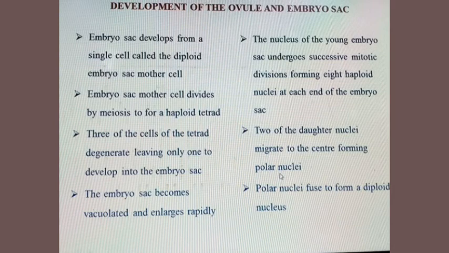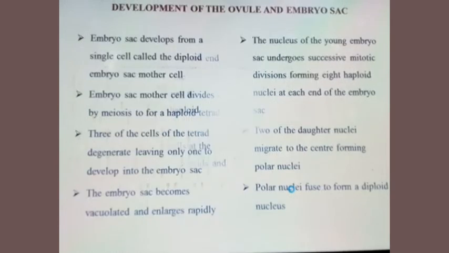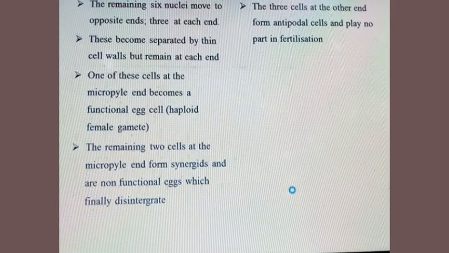Eventually, through nuclear fusion, the polar nuclei fuse to form a diploid polar nucleus, which is at the center of the embryo sac.